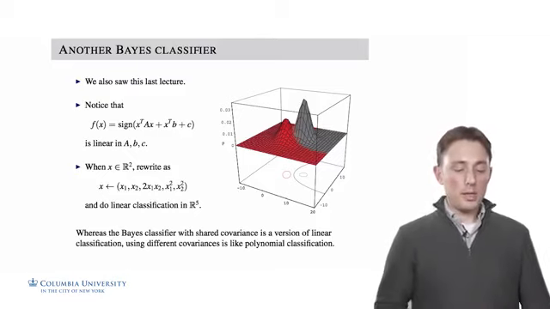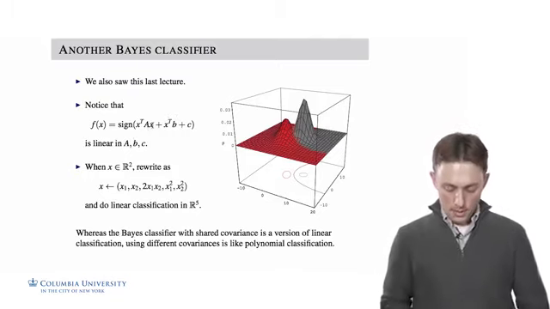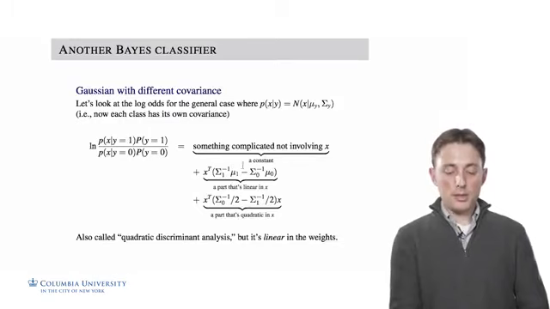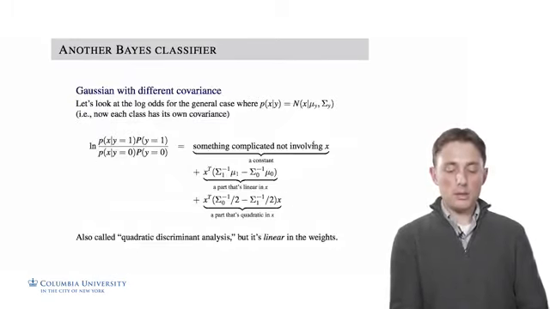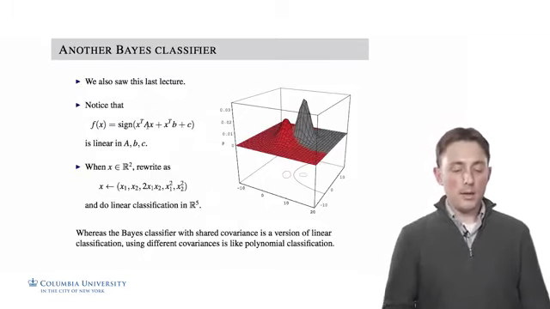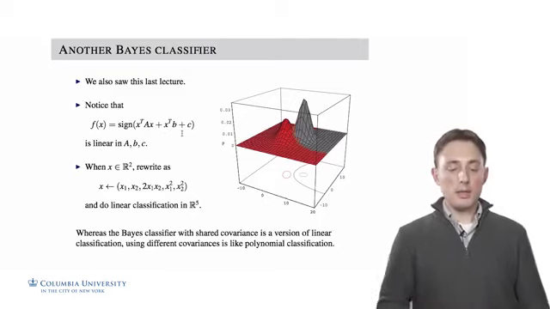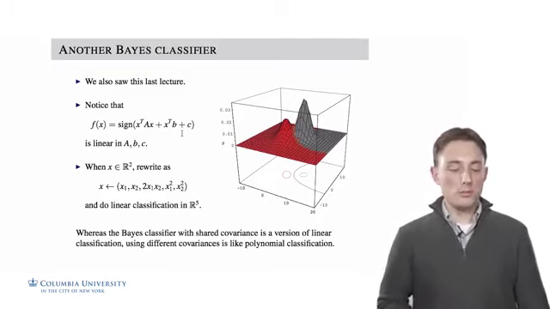In this case, we would declare class 1 if the sign of a quadratic function is positive, where a is defined to be equal to this, and b is defined to be equal to this, and this is c. So we have something that looks like this. If the sign of that function is positive, we declare class 1. If it's negative, we declare class 0 or minus 1.